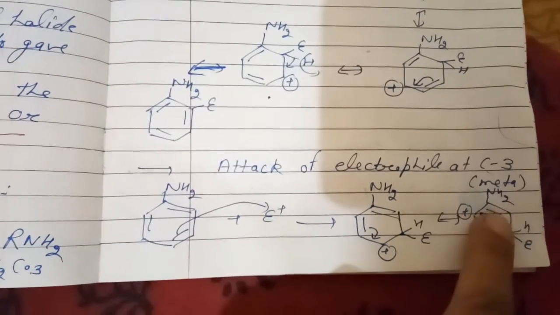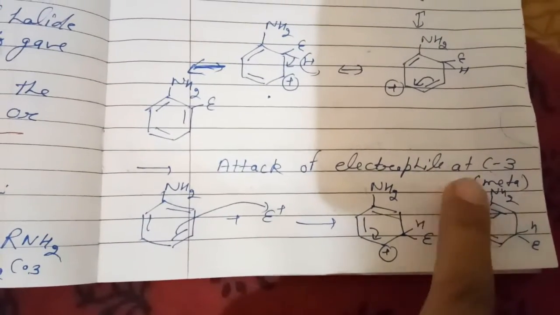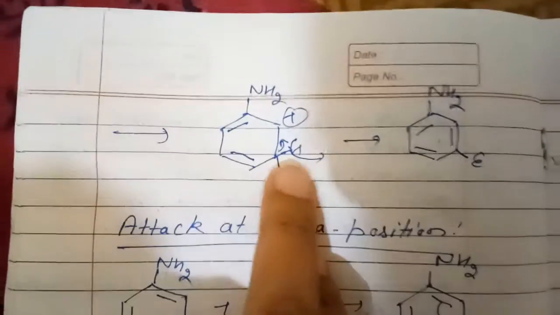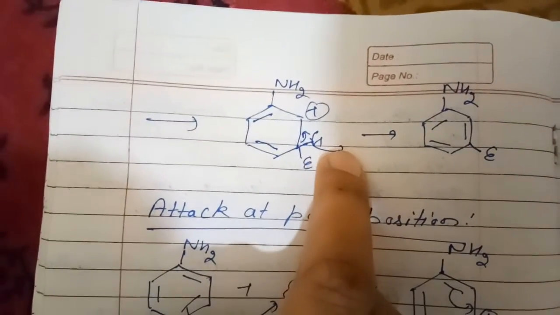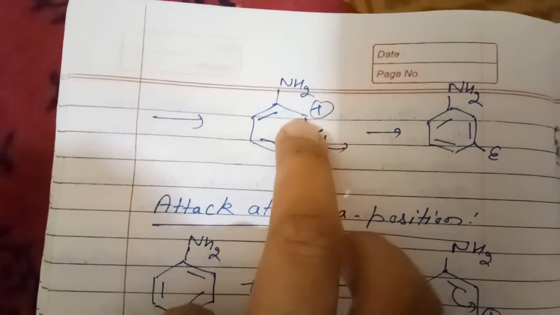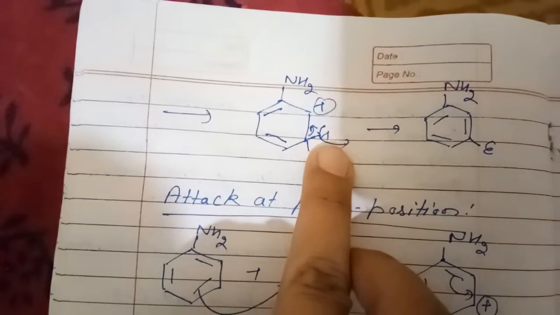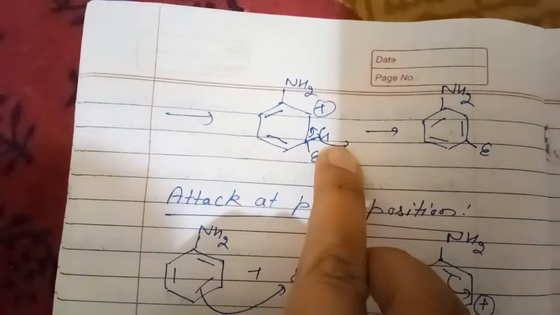In the next resonating structure, this will be displaced here and we will get a positive charge here. See here, we will remove H positive and this pair will shift here. These are the resonating structures when an electrophile attacks at the meta position, or C3.